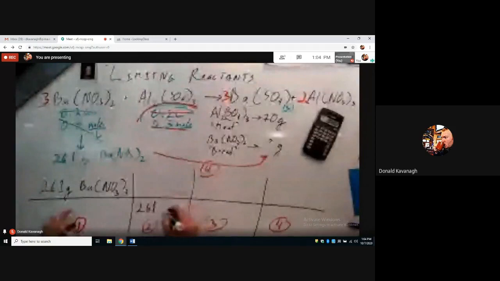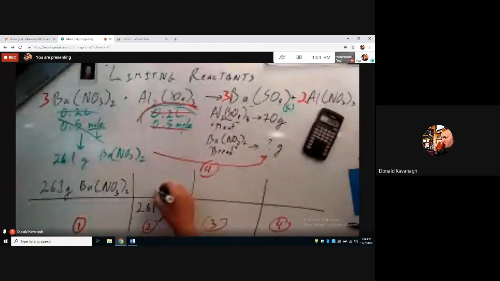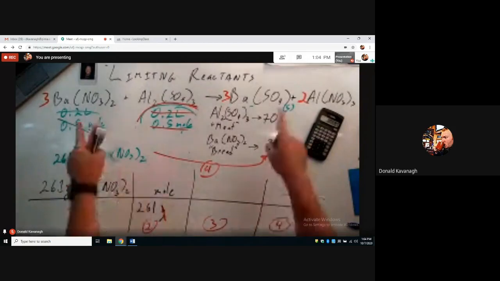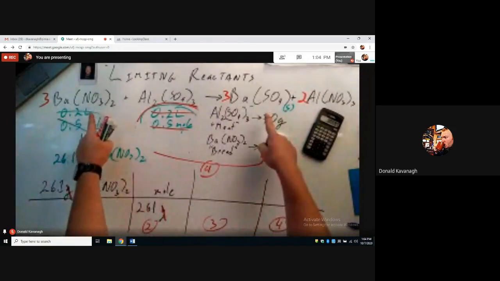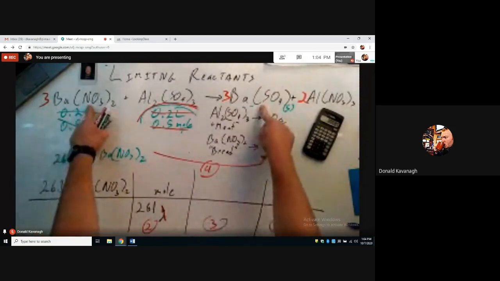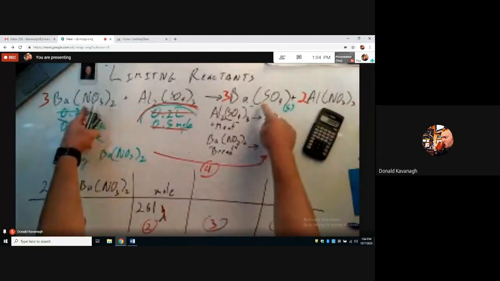And again, I want these units to cancel out, so I'm going to flip this however it needs to be flipped to make the units cancel. Step 3 is gathering from the balanced chemical reaction. Barium nitrate and barium sulfate, my bread and my sandwiches.